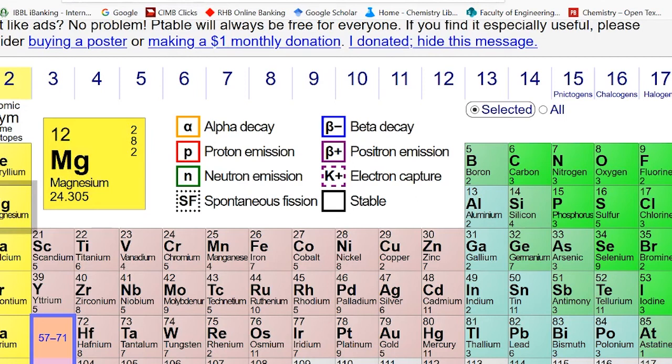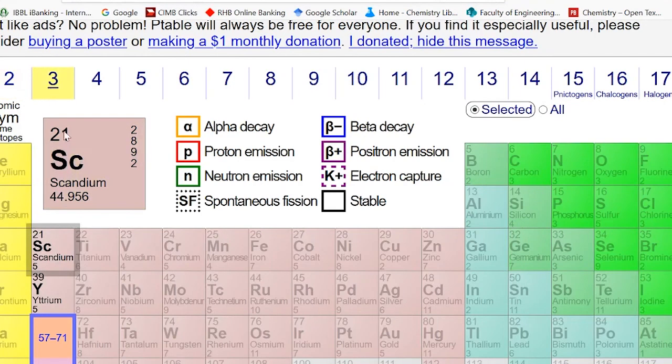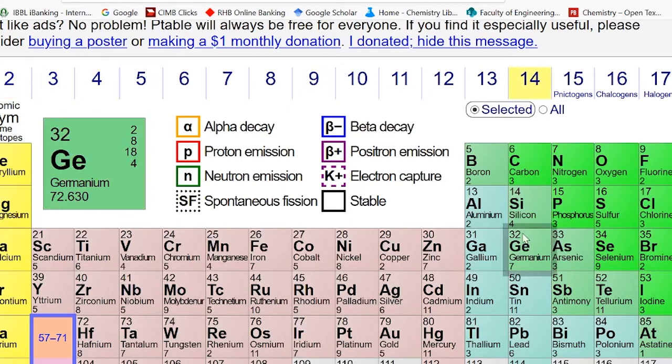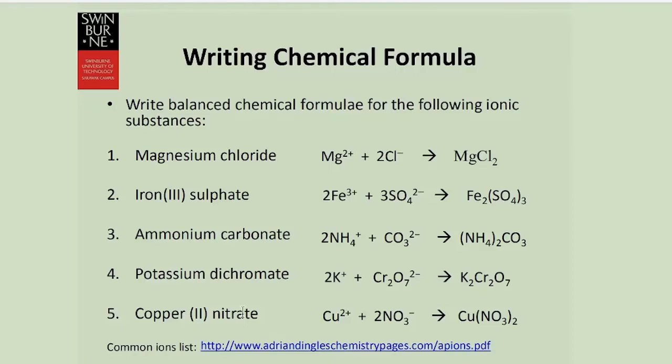So all metals will form positive charge. So it will be 2 positive charge. If it is scandium, it will be 3. If it's titanium, it will be 4, and so on. There are exceptions, of course. Later we will see more about it. But in this case, magnesium has 2 positive charge because it's in group 2.